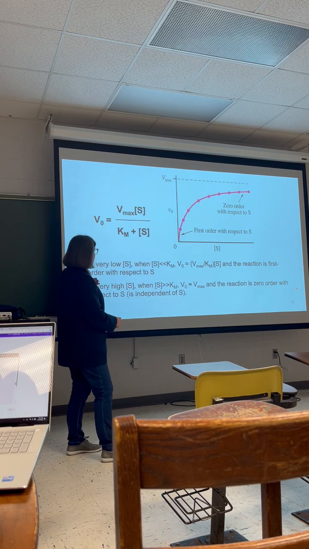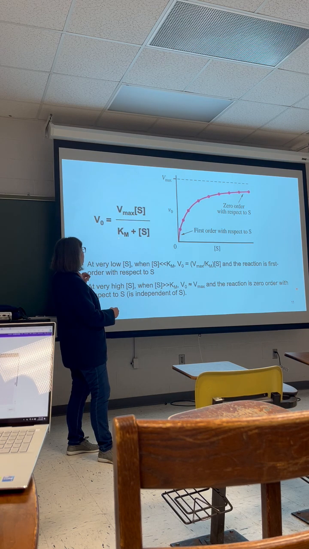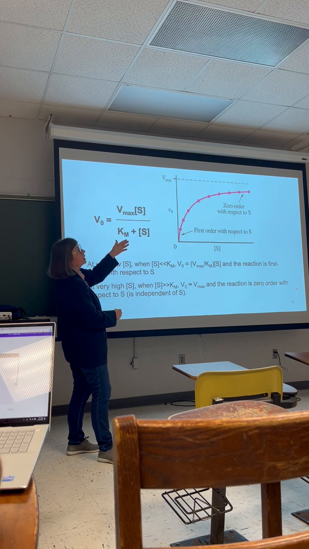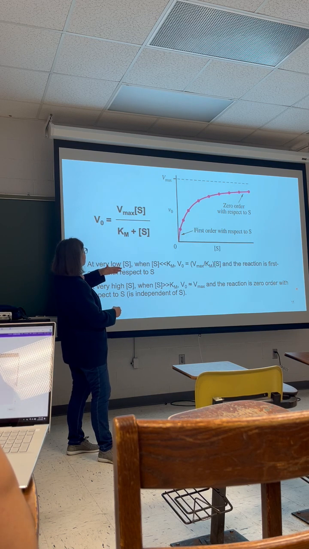On the other hand, when your substrate is incredibly high, you can forget about Km, because Km becomes a very, very small correction to the actual substrate concentration. Let's say substrate is 10,000 or 1,000 times greater than Km.